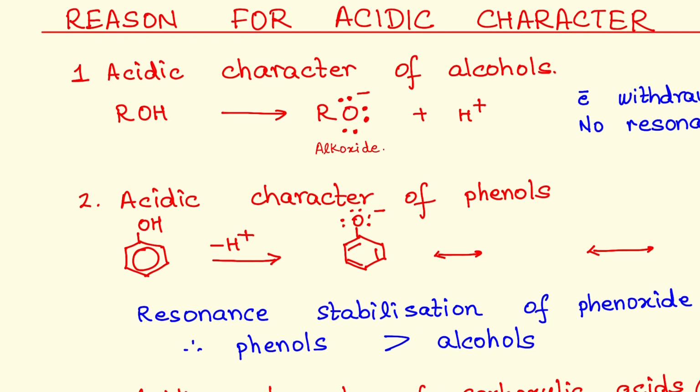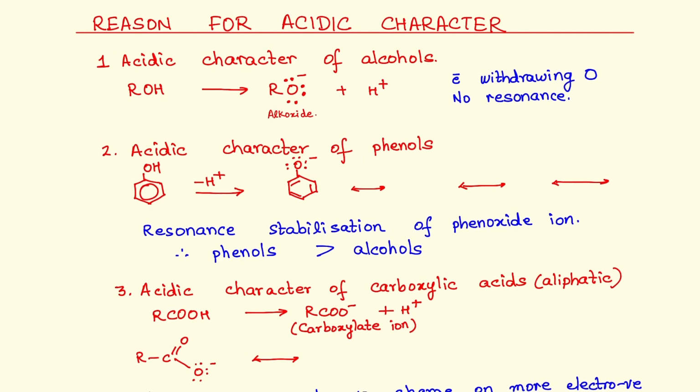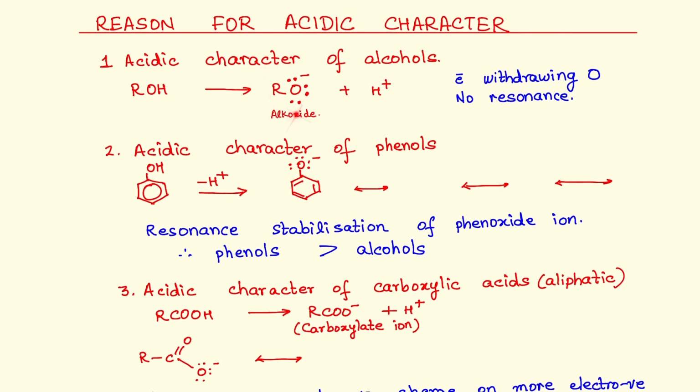No, there is no stabilization by resonance, and at the same time you have an alkyl group attached to the oxygen, which is again electron releasing. With the result, the acidic character of alcohols is much lower than that of carboxylic acids.